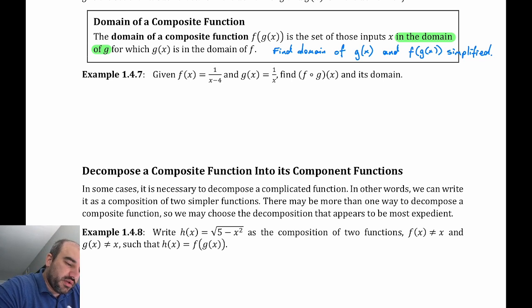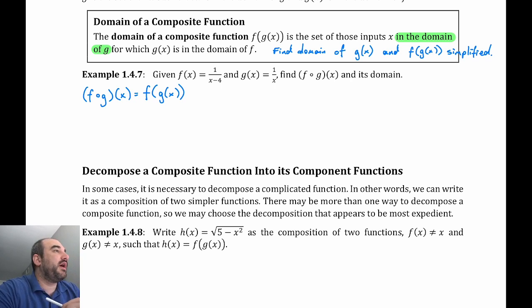Let's do this example where we find f of g of x and then we'll find its domain. So this composition, f of g of x, means we're going to do f of g of x written this way, if I rewrite it in our known notation. And that's telling me to take my g of x and put it here in this parenthesis.